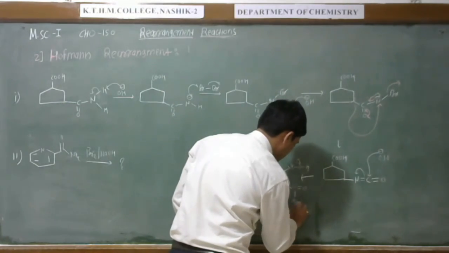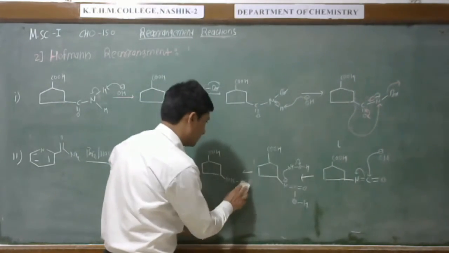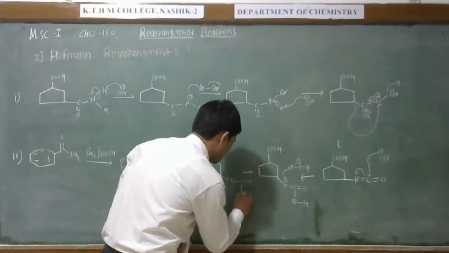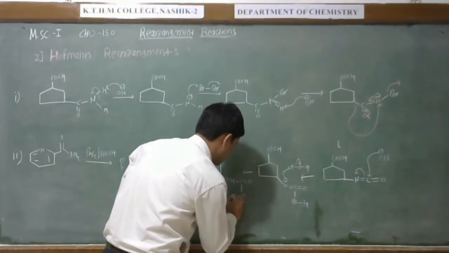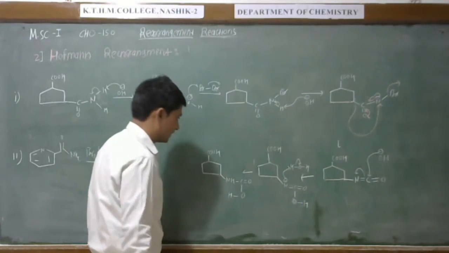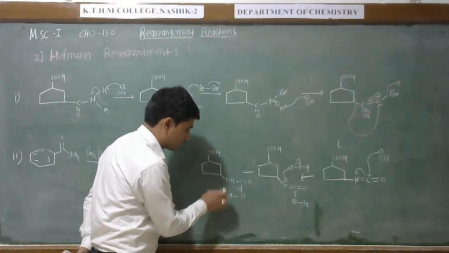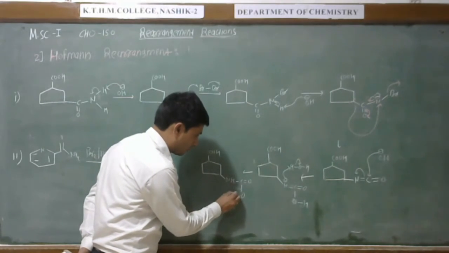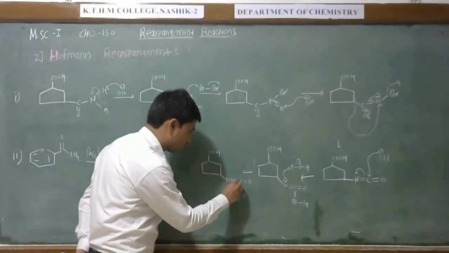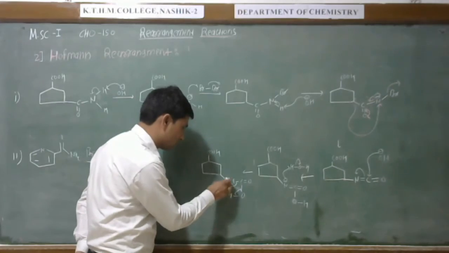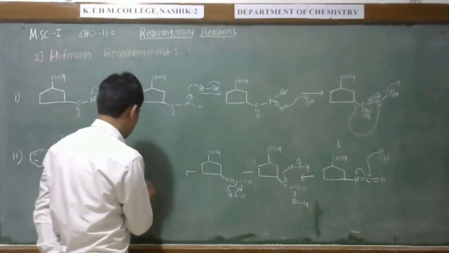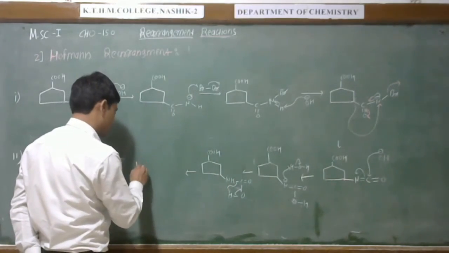So the mechanism will be like this. This bond will shift here, and this bond will break, and there is a formation of negative charge. We got here the final product. This is our final product.